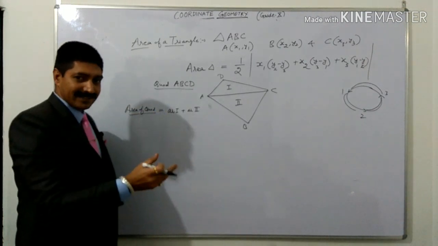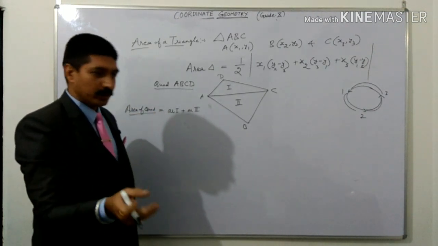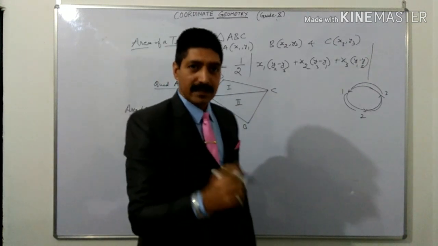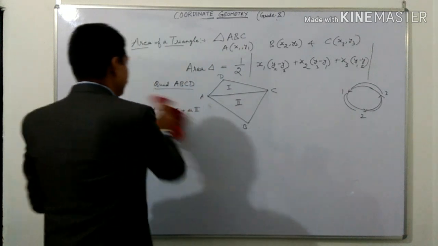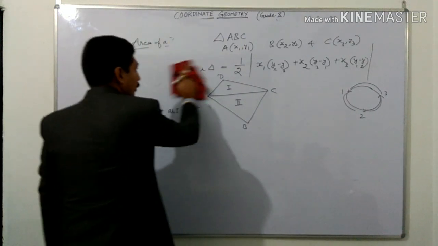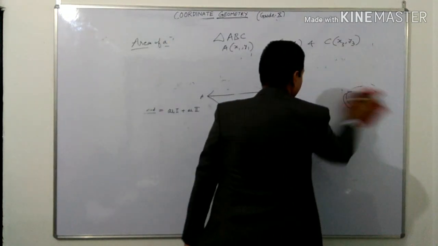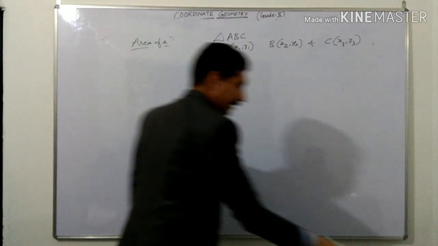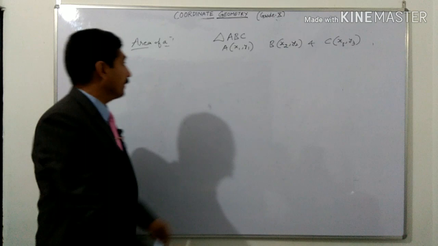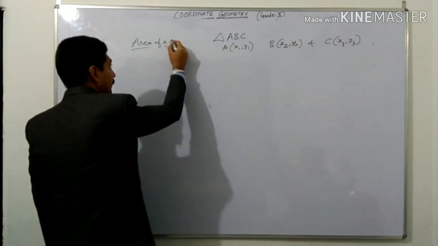One more simple method I want to discuss is the area of a quadrilateral when all 4 vertices are given.